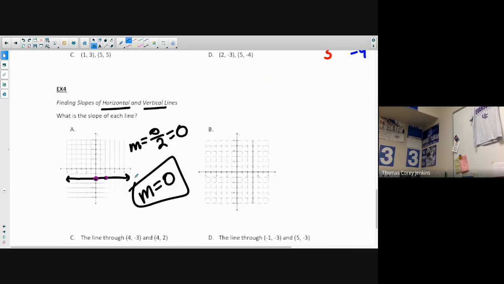All right, and this is going to be true for all horizontal lines. True for any horizontal line. Slope is always 0.